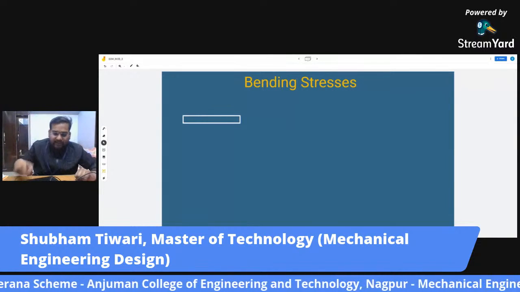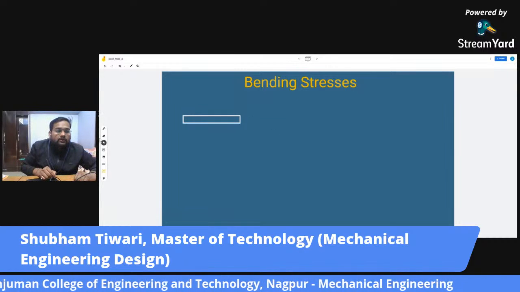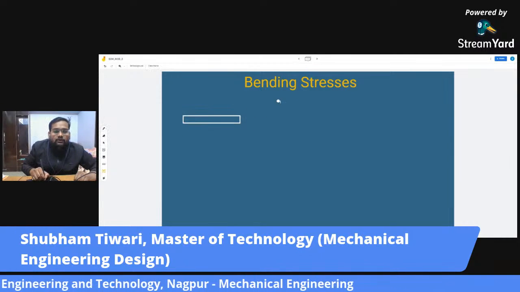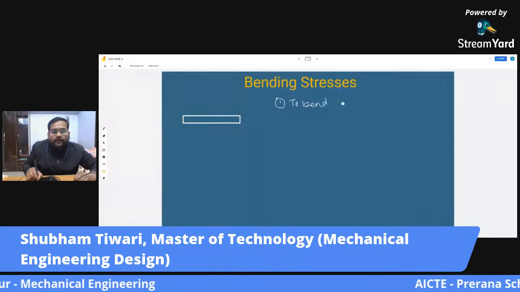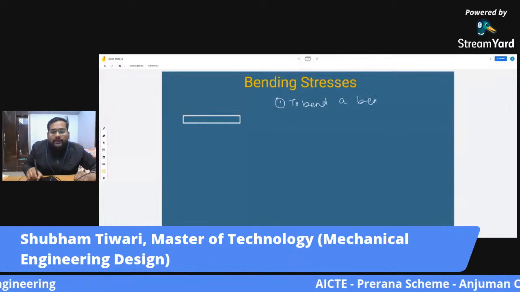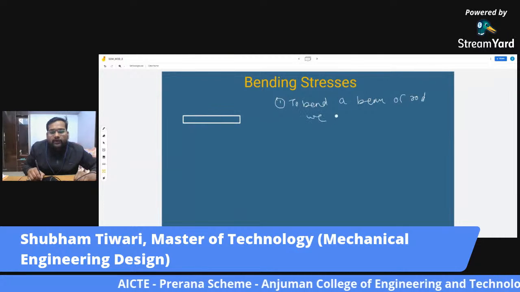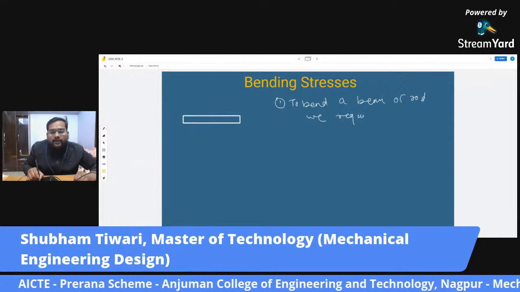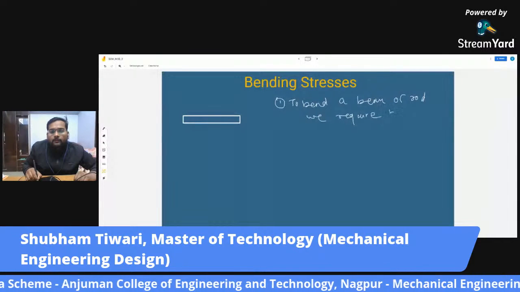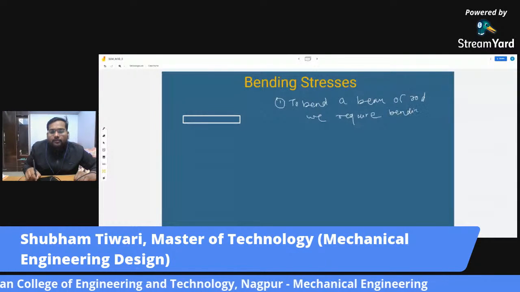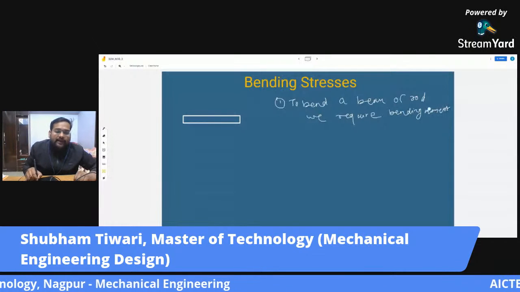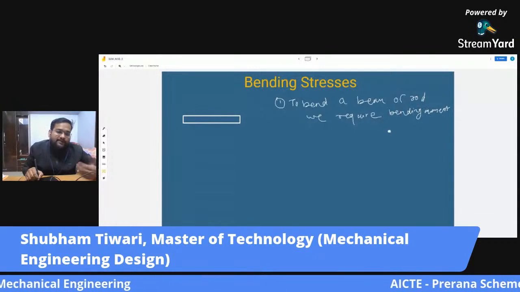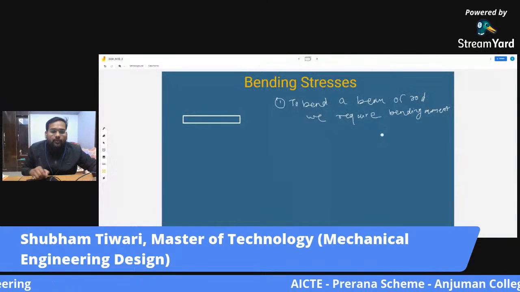So one thing is clear: to bend a beam or rod, we require a bending moment. We apply a moment, and the moment which bends this beam is known as bending moment.